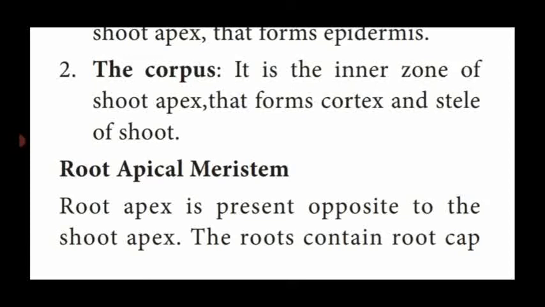So these are all the four theories of root apical meristem. Shoot apical meristem has only three theories: apical cell theory, histogen, tunica corpus. But root apical meristem has four theories: apical cell theory, histogen, Korper-Kappe and quiescent center concept.